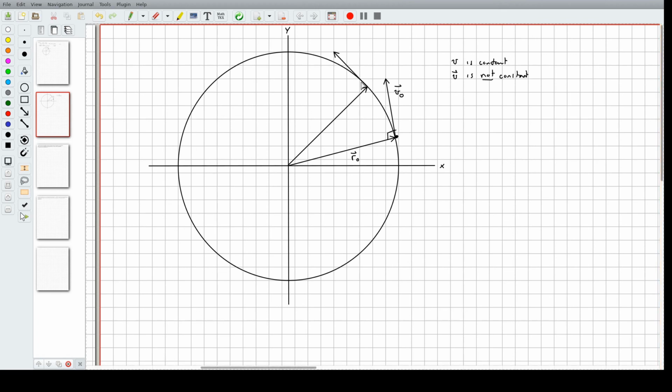Now, there's your right angle. This would be your new R. This would be your new V. So you initially start here, you finally end up here. Now this right here would be the change in angle, the change in theta that you experience going from here to here.